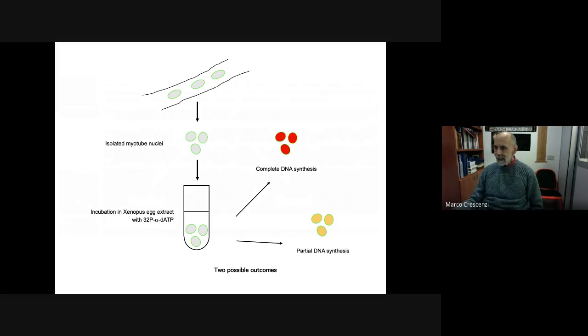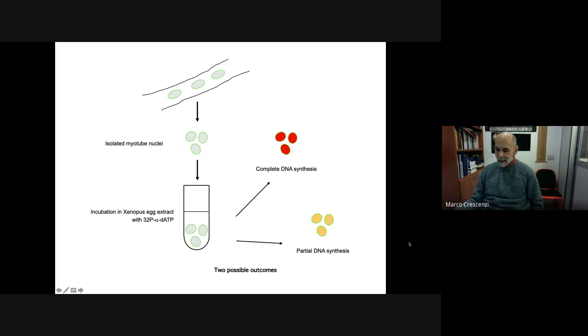So, in other words, if the outcome is complete DNA synthesis, then probably the only difficulty in myotubes is biochemical, is functional. When you have the necessary ingredients, some of which probably are missing in the myotubes, DNA replication is complete. On the other hand, even in these conditions, if you still observe partial DNA synthesis, then this is a strong indication that there is a structural obstacle in these myotube nuclei.